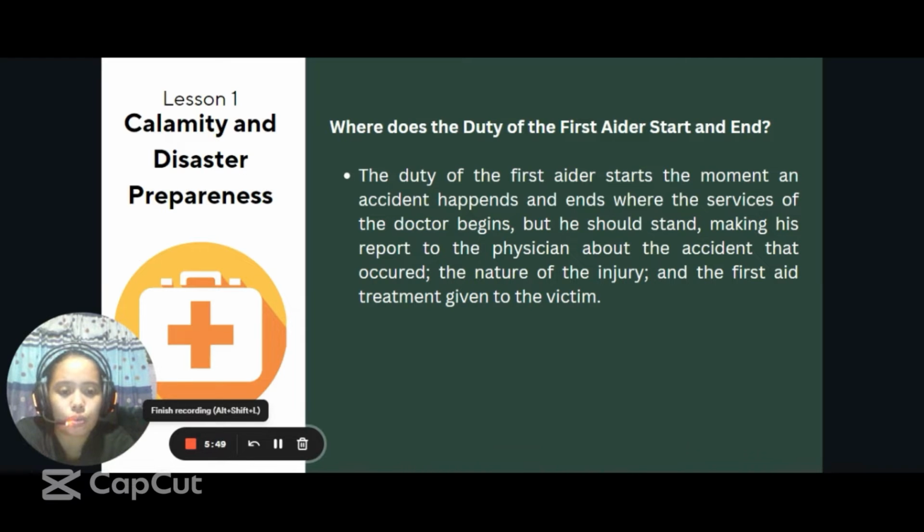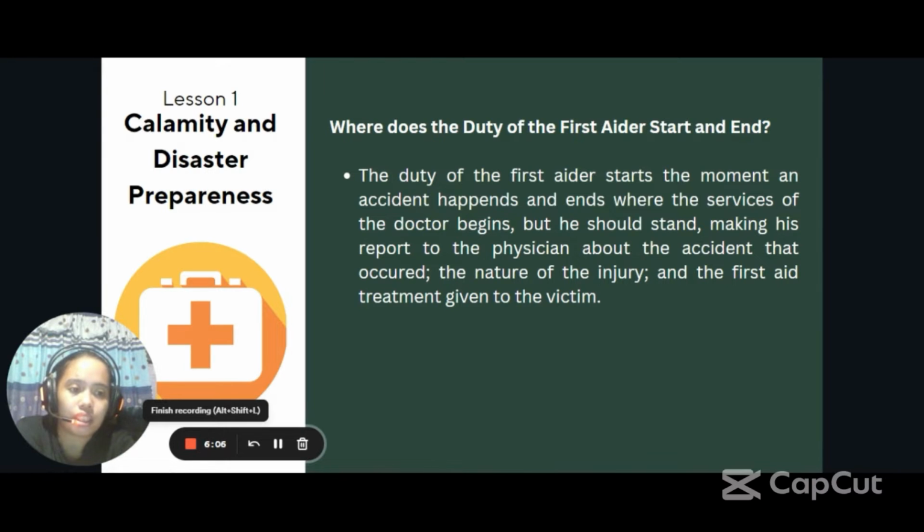So, mag-start daw si first aider the moment na ang accident nahitabo, and then mag-end siya when ang doctor magsugod na sa iyahang service.